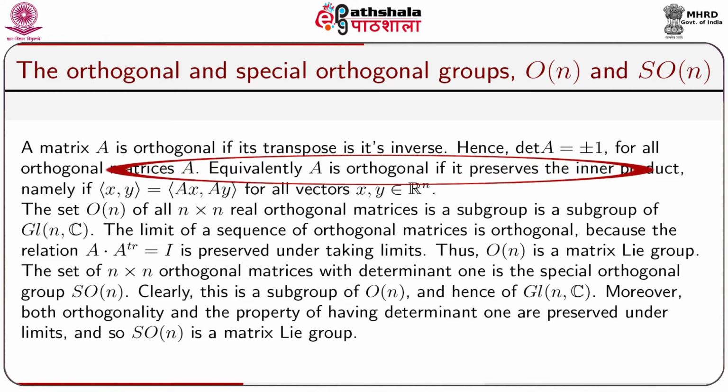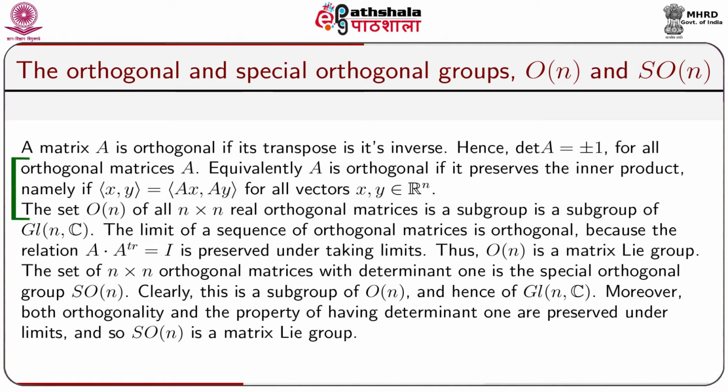Equivalently, A is orthogonal if its transpose is its inverse. That means a matrix with entries from R will be an orthogonal matrix if A transpose A is equal to the identity matrix, and special orthogonal matrices will be all those orthogonal matrices whose determinant is 1.